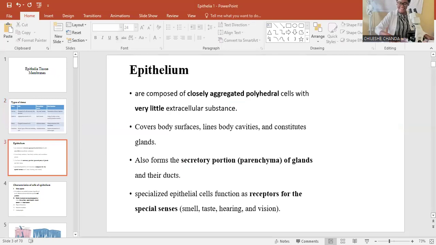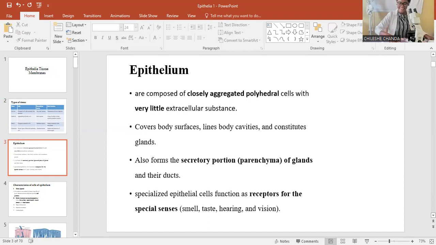And we did say that every organ in the body is made up of one, the parenchyma, and two, the stroma. The stroma means the supportive tissue that does not perform the actual functions of that particular organ, but is only there to support. All right.